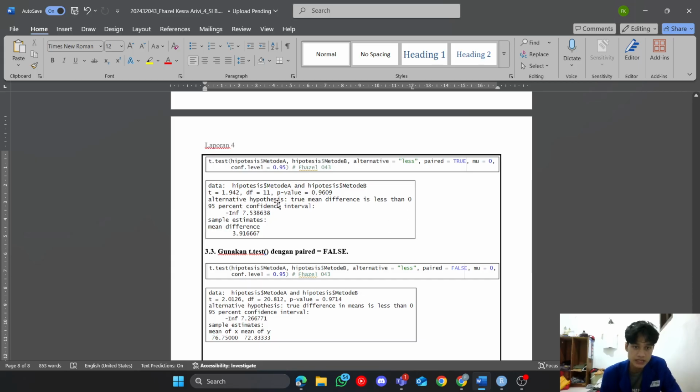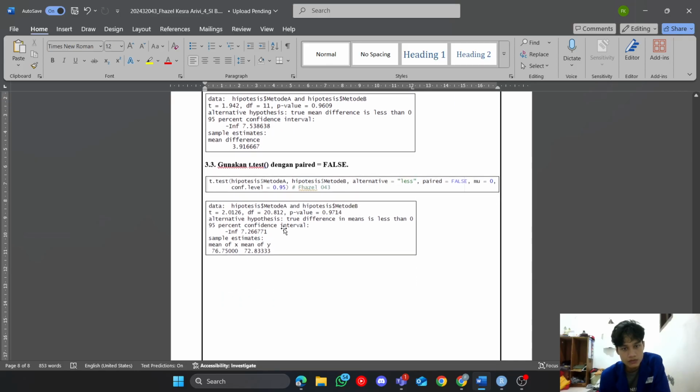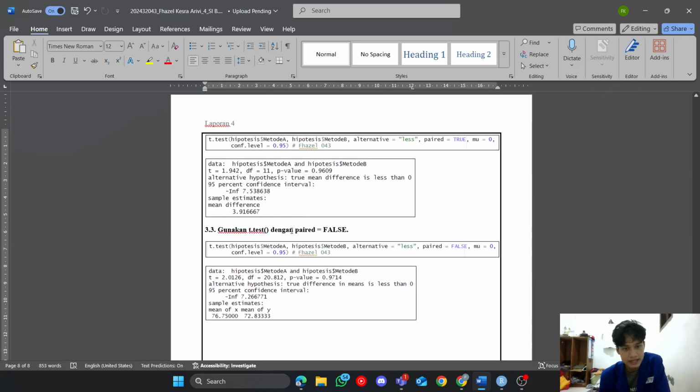So the hypothesis that we accept is the alternative hypothesis. That means the difference is less than 0, and this is when pair is false. So it is the same, right?